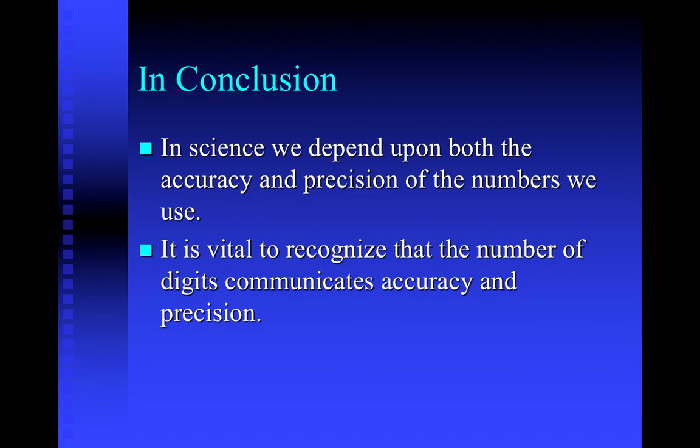So if we run an experiment a number of times and get a number of readings for what we feel should be the same situation, we're controlling all of the variables but one, then the multiple values that we get on multiple trials should be close to one another if our data is considered precise.